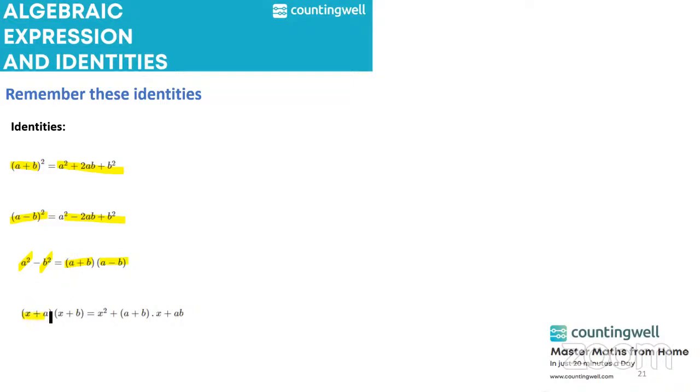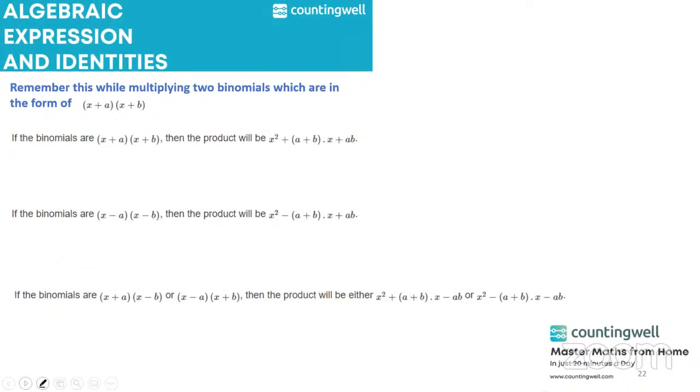Then we have x plus a into x plus b, which is equal to x square plus a plus b into x plus ab. When you are multiplying two binomials which are in the form x plus a, x plus b, and you have the signs as positive, positive, then the product will be x square plus a plus b into x plus ab.